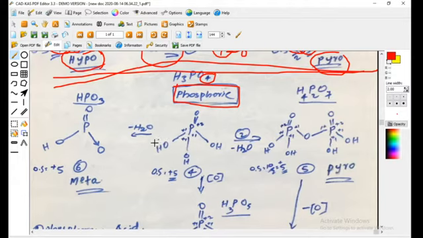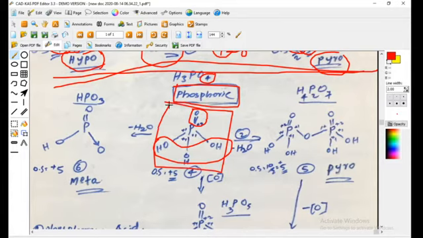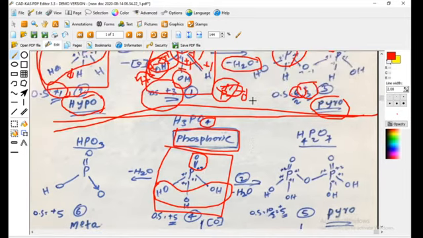There will be 3 hydrogen atoms, 3 oxygen atoms attached, and 1 oxygen with a double bond. So 4 oxygen and 4 hydrogens are consumed. This is the structure, tetrahedral shape, and the oxidation state we can calculate easily, it is plus 5: plus 3, plus 2, plus 5.